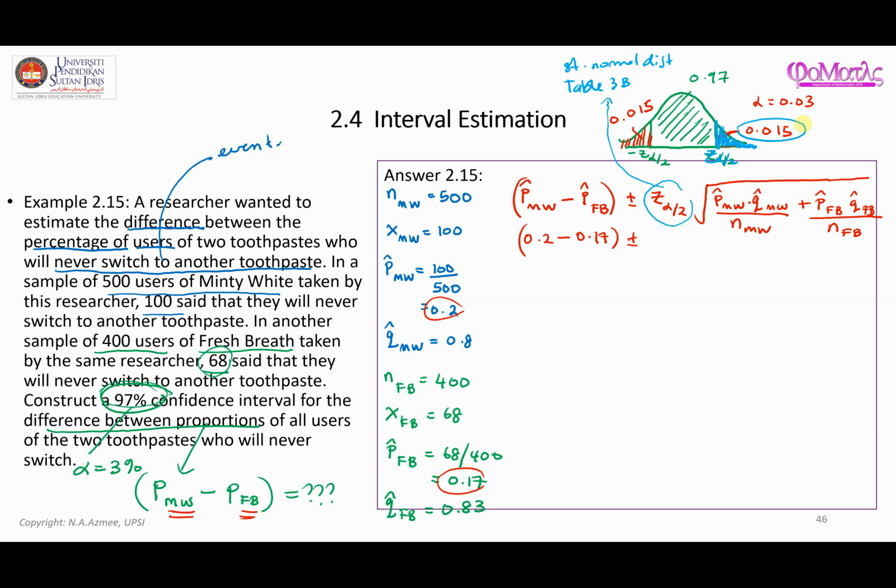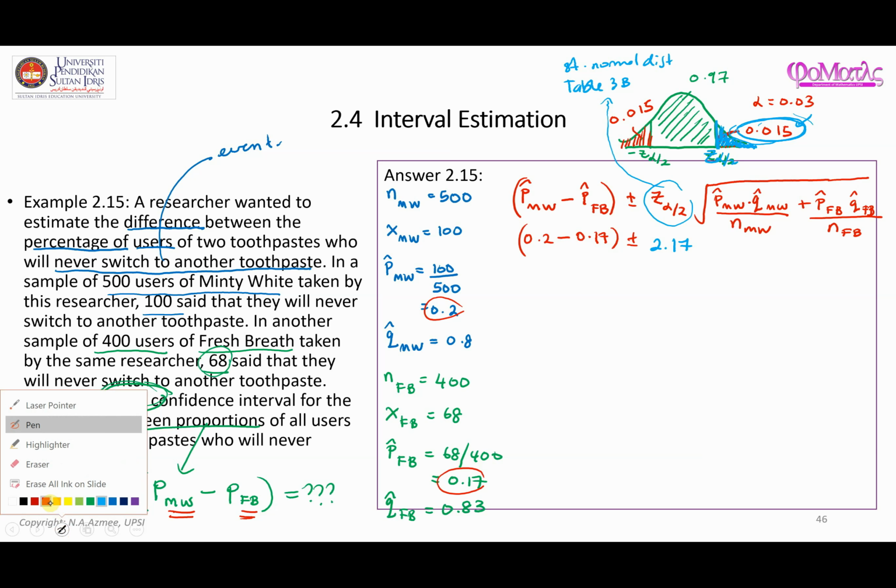So I have to find where 0.015 is inside the table. Once you have found this value inside the table, the value of z is going to be equal to 2.17. Okay, so I trust that you will be able to find this value here.